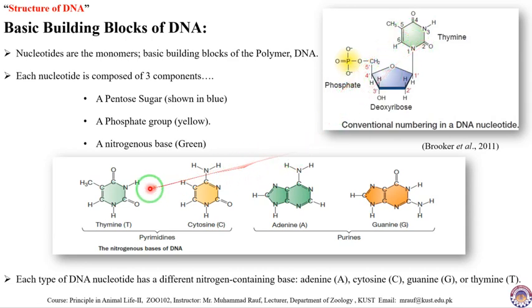The nitrogenous bases present in DNA are of four types and are broadly categorized into two types on the basis of their structure. These two are double-ringed nitrogenous bases and they are called purines, whereas these two are single-ringed and they are called pyrimidines.